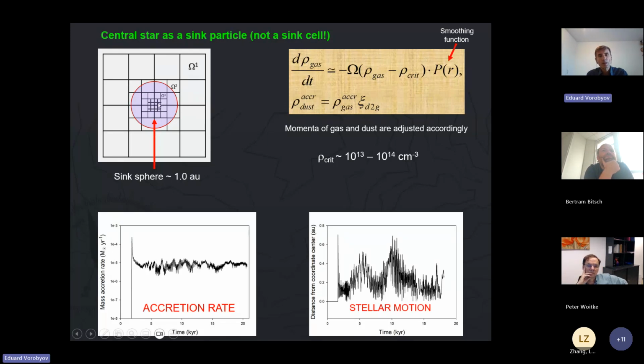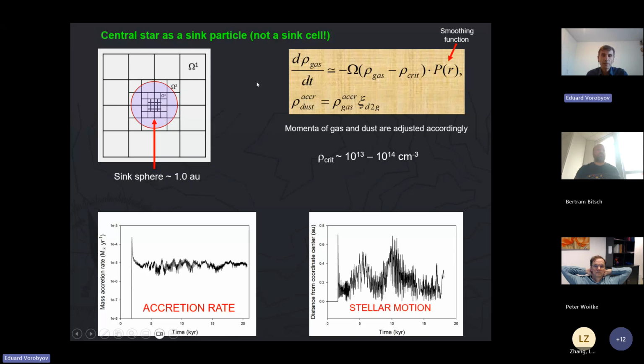But if the density in a sphere here, we call it the sink sphere, about 1 astronomical unit, exceeds a certain threshold, usually taken like 10 to the 13 particles per cubic centimeter, then we start extracting this extra density from the sphere according to this equation, proportional to the orbital angular velocity, and also applying some smoothing function.